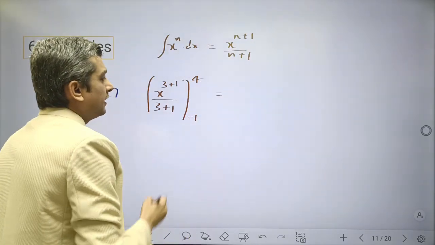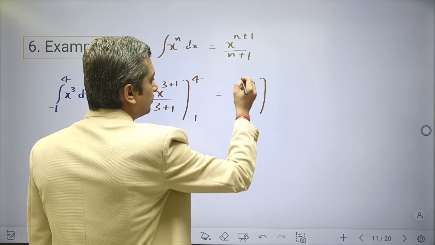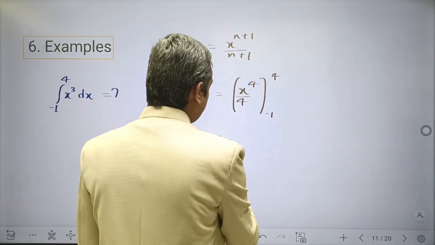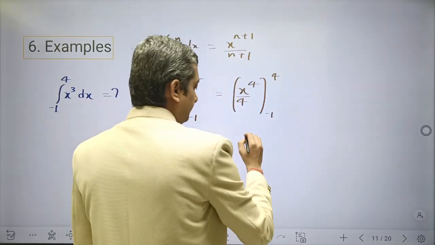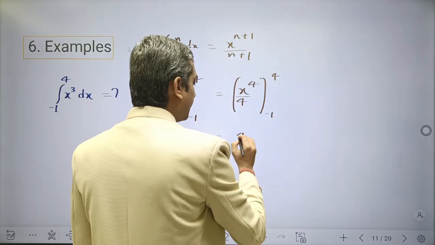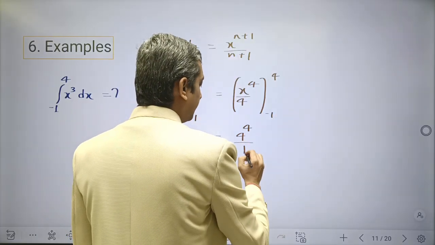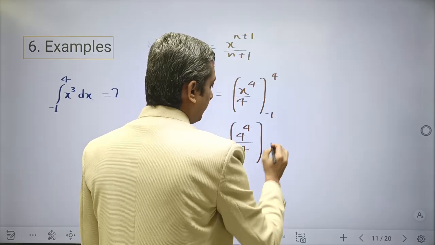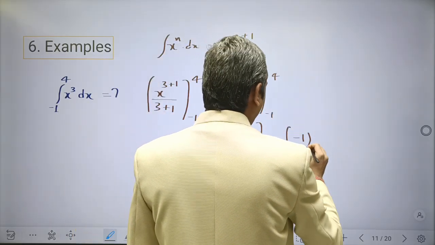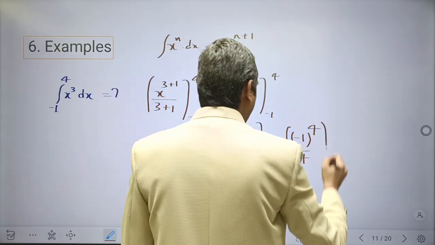So this will be x to the power 4 by 4. Put the limits minus 1 to 4. Now what we do, in place of x, first we put the upper limit and remain all things of expression as it is, put bracket, after that put minus sign, then in place of x put lower limit, that is minus 1 to the power 4, and all the things will remain as it is.